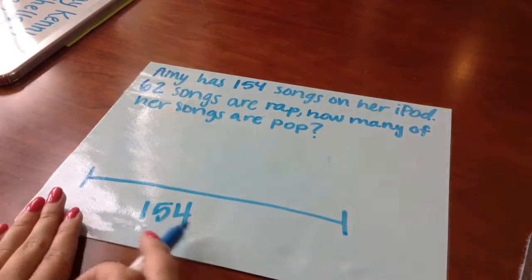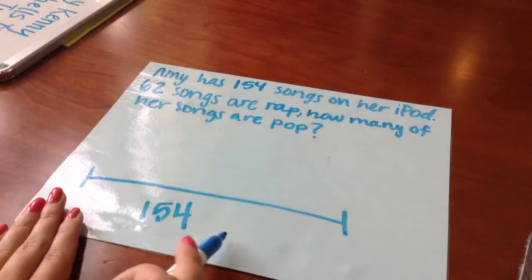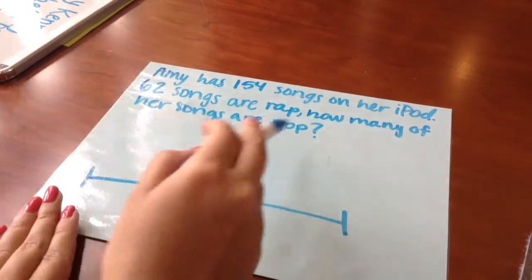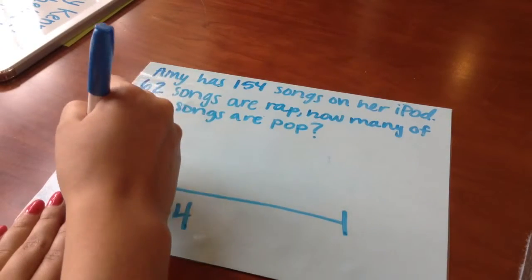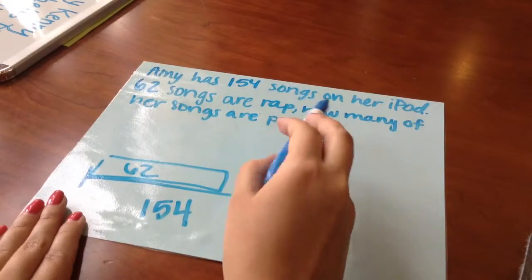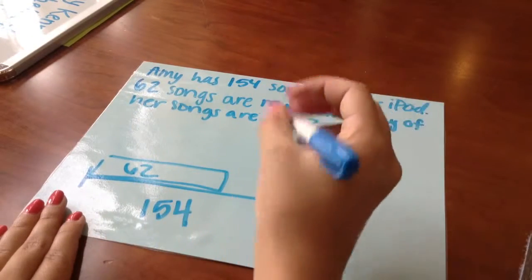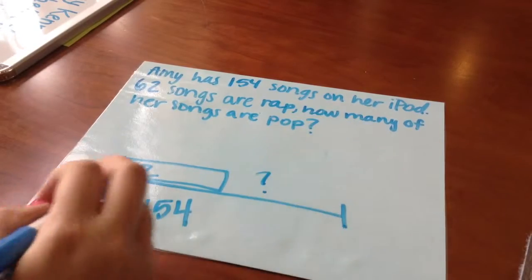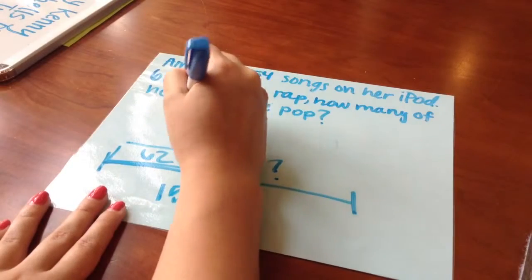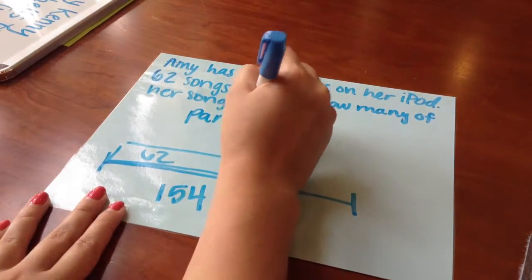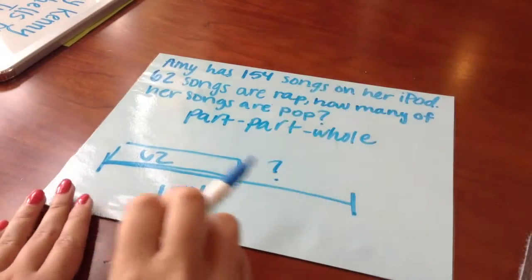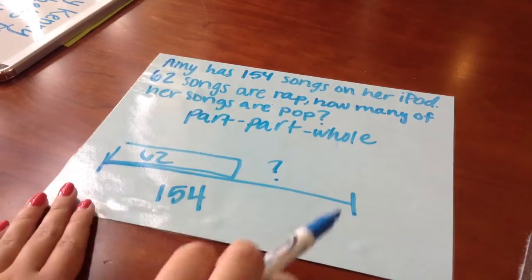So we know she has 154 songs total. She has 62 songs that are rap. So it's already telling me a part of the problem, which is 62. And it's asking me to find the missing part of the problem. So just by looking at this linear model, I can already tell it's going to be a part-whole, because it's asking me to identify both of the parts in a whole.